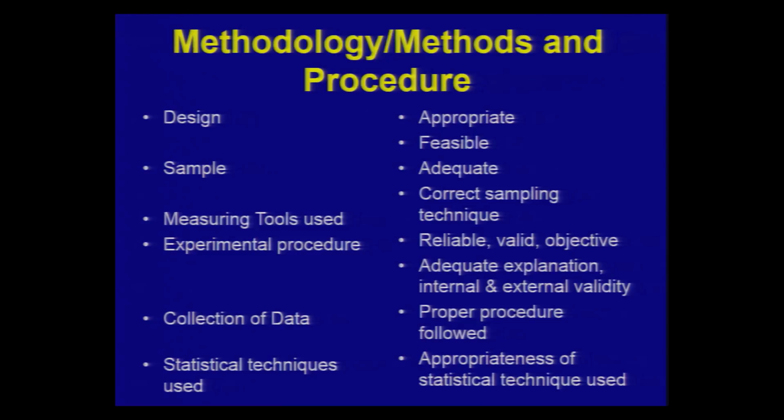Now the findings are not generalizable. So one needs to look, if somebody is dealing with a population of 10,000, minimum 10% of that sample is essential. So the size, whether the size of the sample was adequate and whether the sampling technique used was correct.